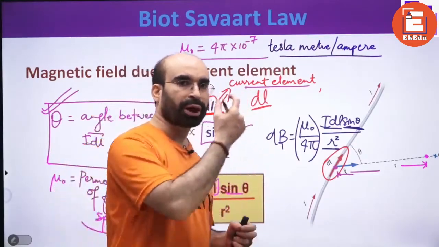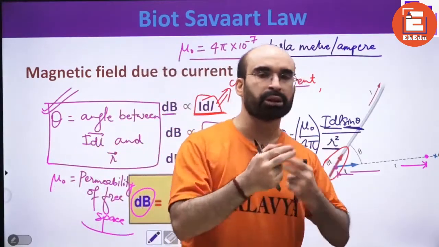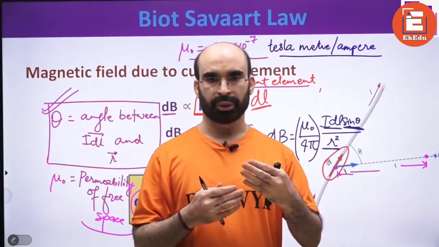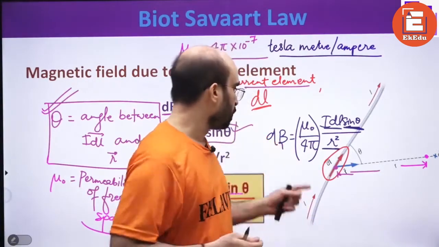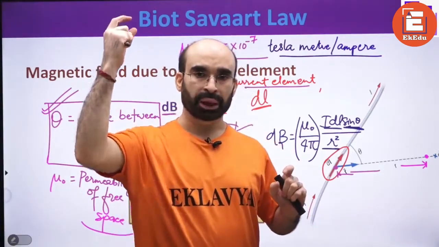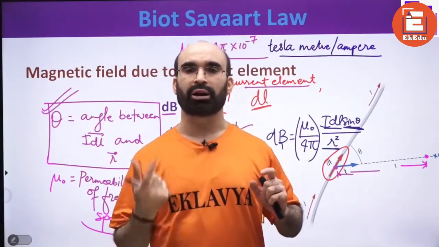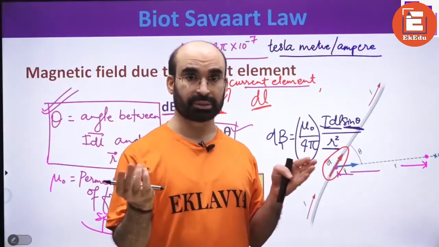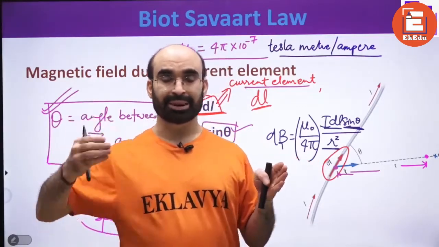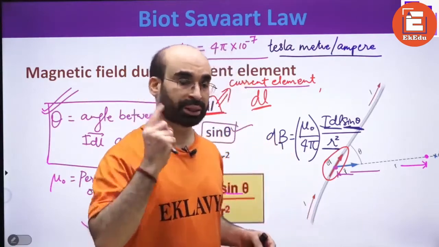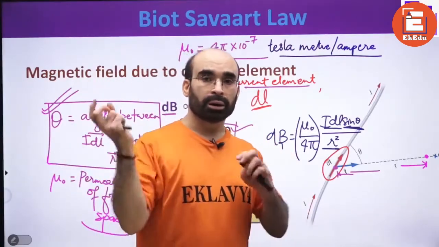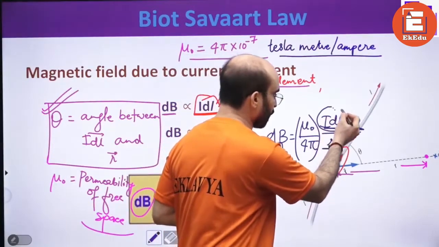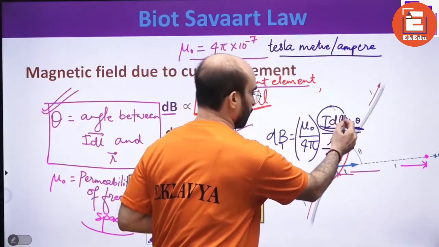And if you closely look at it, it is very similar to what we did in electrostatics. Very similar to that. Electric field is inversely proportional to the square of the distance, right? Distance where the electric field is felt. One thing. Second thing, there we had due to the charge. Here what we are going to get, current into length. Right? Current into length.